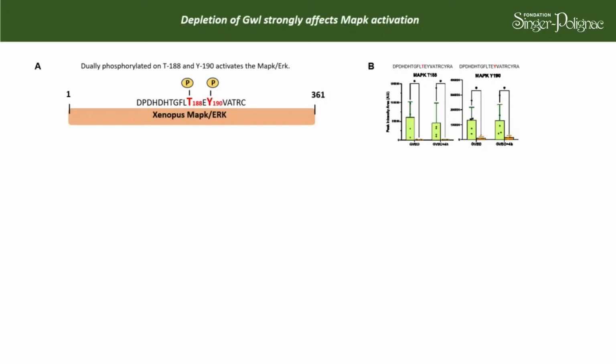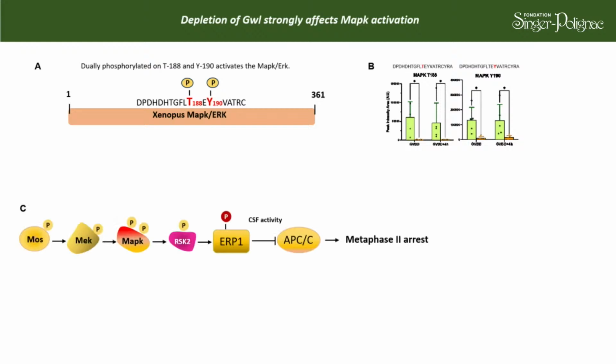Among this dephosphorylation, we detect two sites that belong to the MAP kinase protein, on threonine and tyrosine. We can see here the dephosphorylation in GVBD and metaphase 2. This MAP kinase plays a central role during meiosis. This protein is phosphorylated indirectly by MOS.